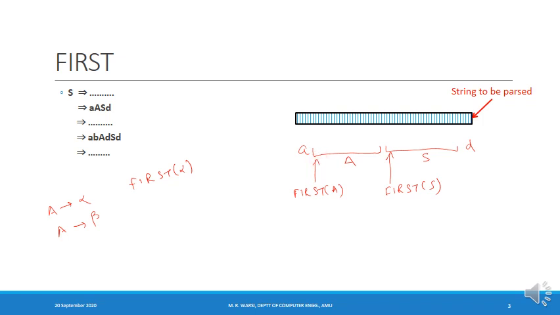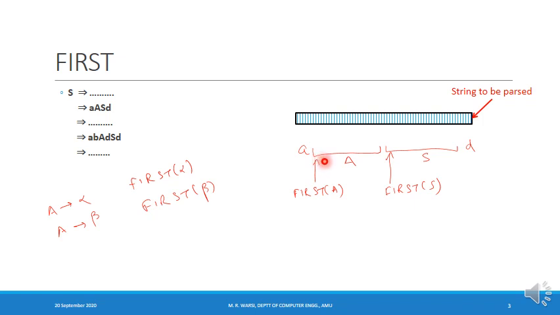If it is beginning with first of beta, then in that case this component is derivable from the second production, that is capital A derives beta. So for this component to be derivable from the first production, the first symbol has got to be first of alpha, and for this component to be derivable from the second production, capital A derives beta, the first symbol has got to be first of beta.